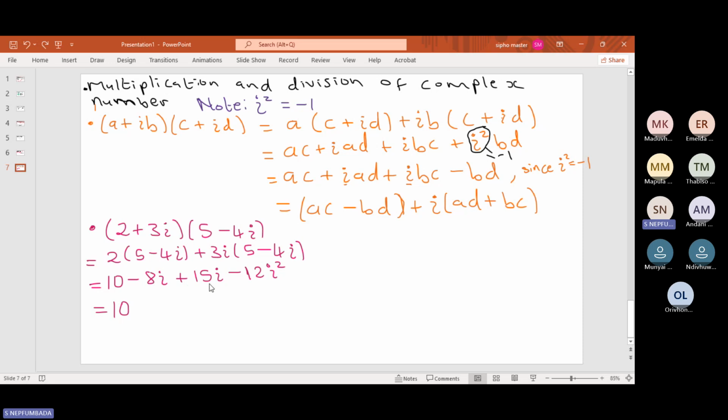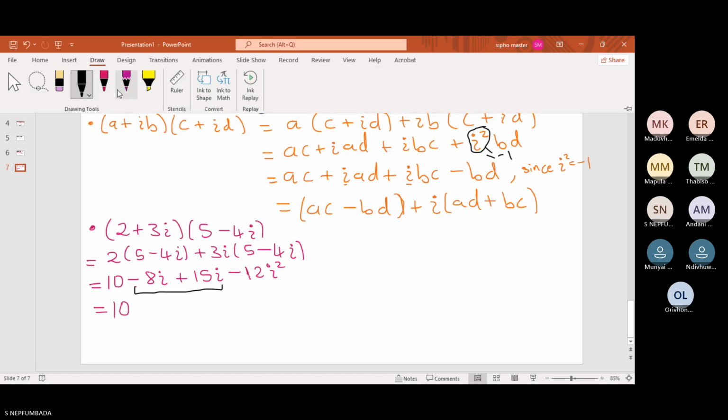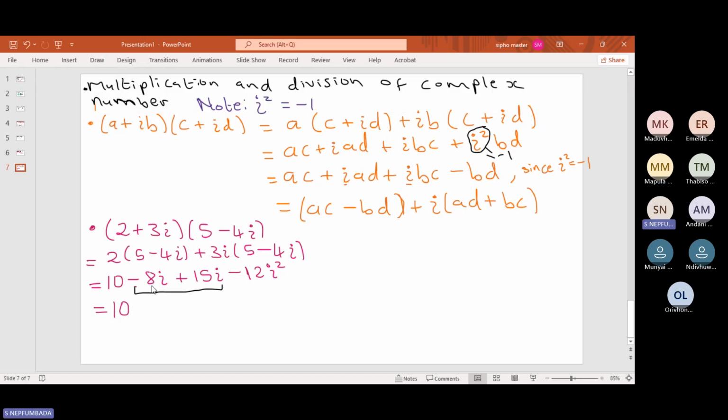Guys, can you see that those are the like terms? Yes. So minus 8i plus 15i, you get what? Positive 7i. Then minus 12 into minus 1.